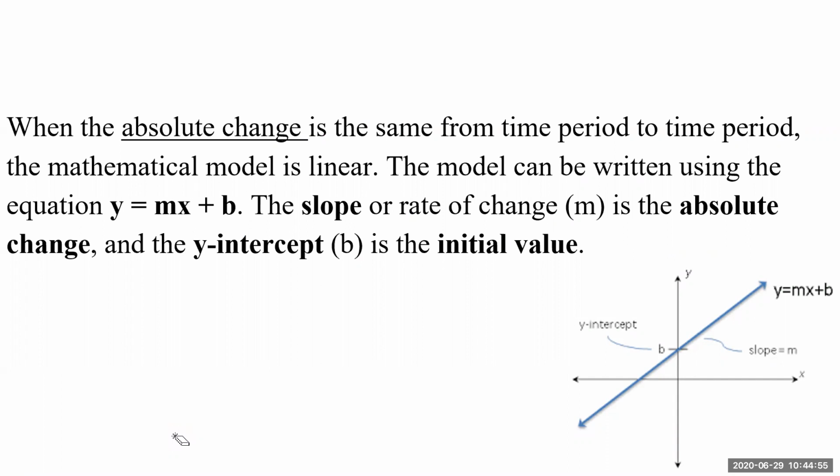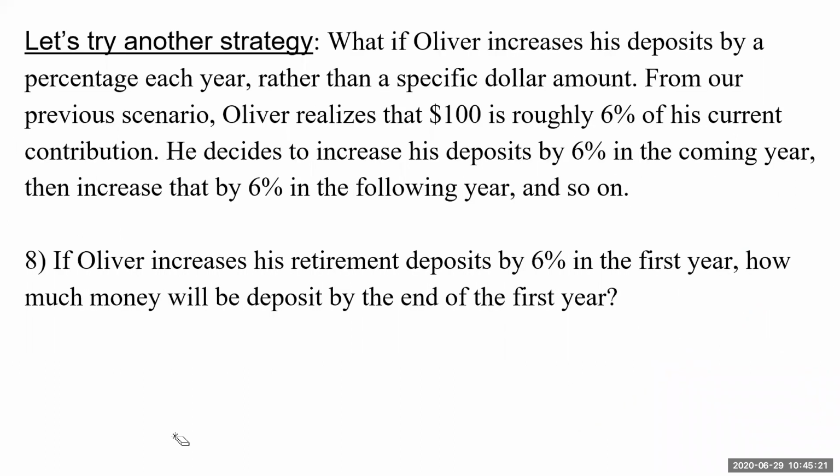When absolute change is the same from time period to time period, the mathematical model is linear. Okay, the slope or rate of change is the absolute change, and the y-intercept is the initial value. Is that okay? So when you have absolute change staying the same, the model is a linear model. And we are going to realize very soon that when relative change stays the same, we have an exponential model.